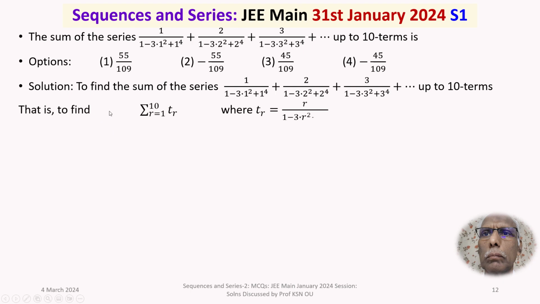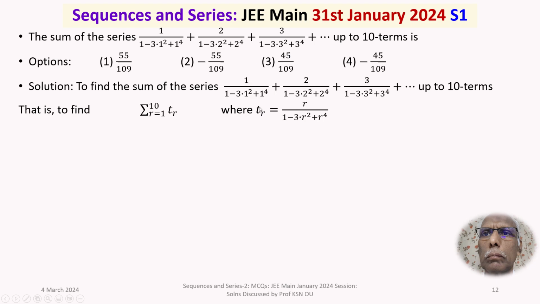So we want to find the sum of r equal to 1 to 10 of T_r, that is the rth term. Look at the terms. It is moving 1, 2, 3, the next one will be 4.